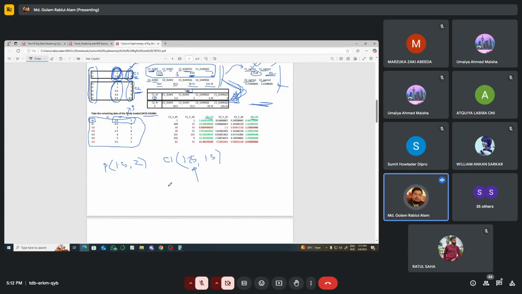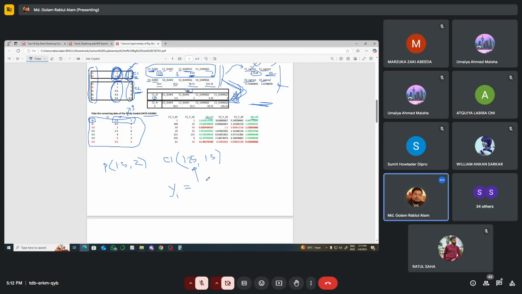But how do we find the Mahalanobis distance? Specifically, if we want to find y, it is xi and ci.